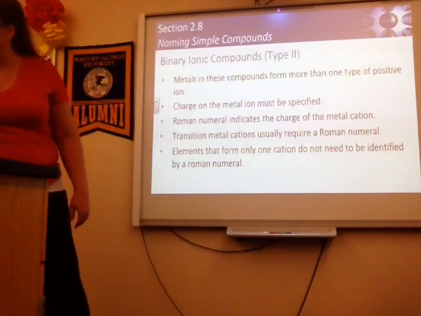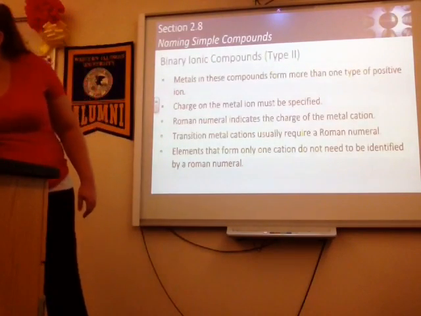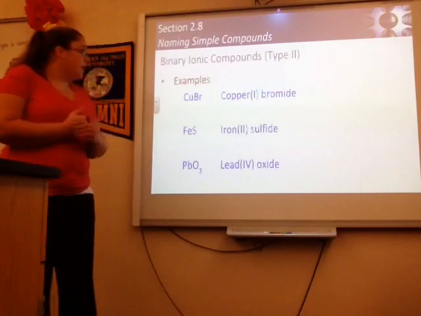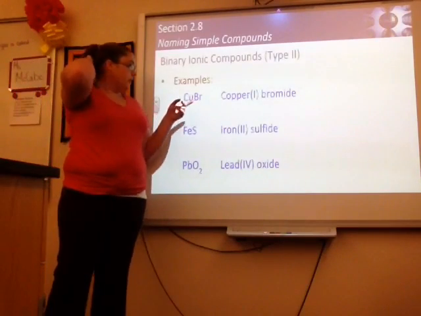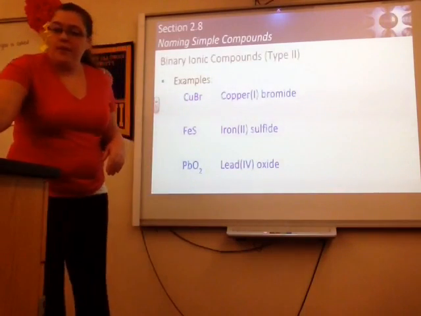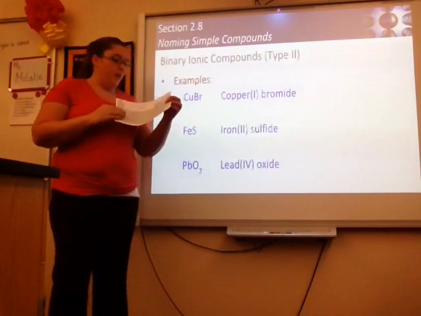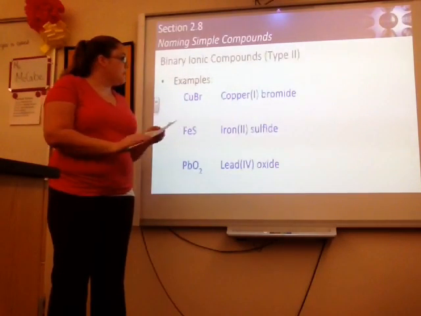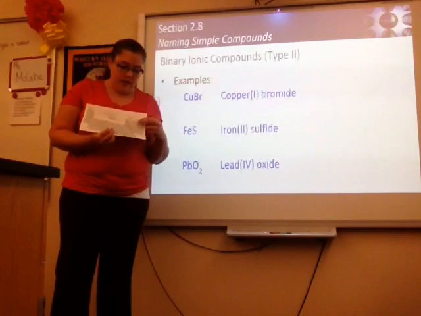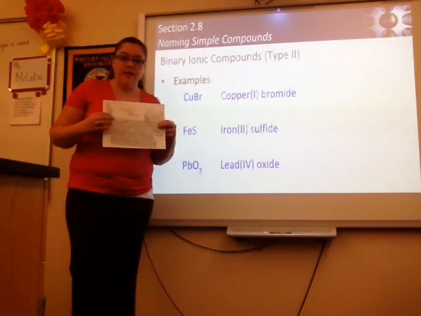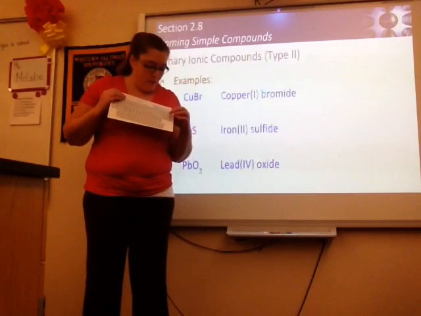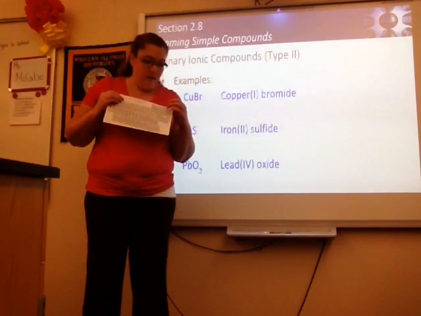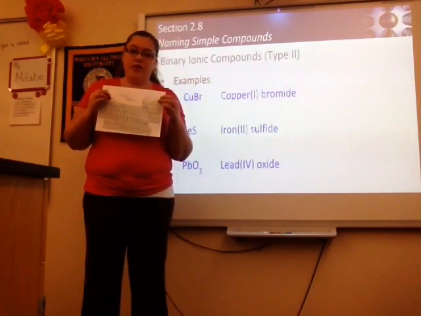Here are some examples. I've got copper bromide, CuBr, copper and bromide. At this point, you can look on your periodic table. You notice that your bromine is going to have a -1 charge.